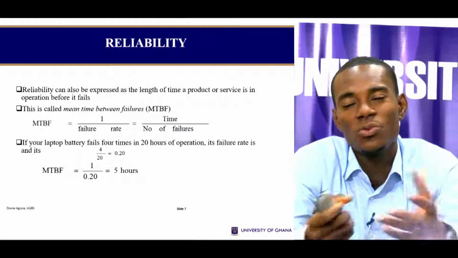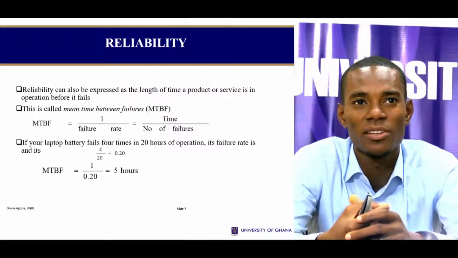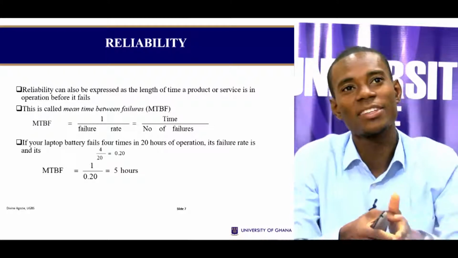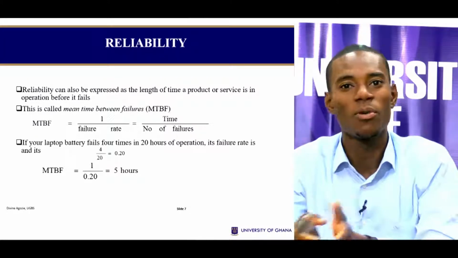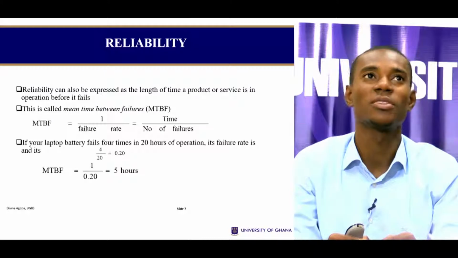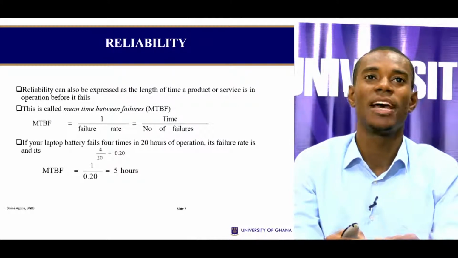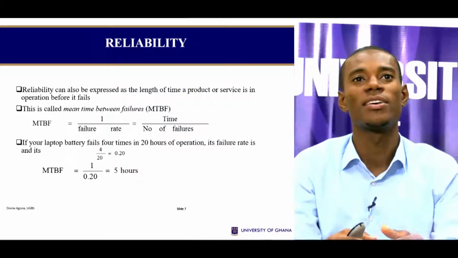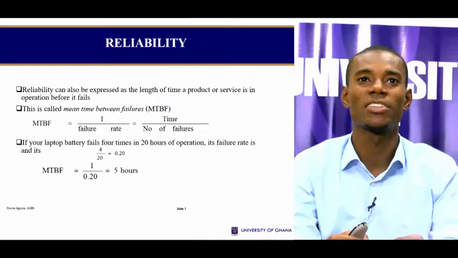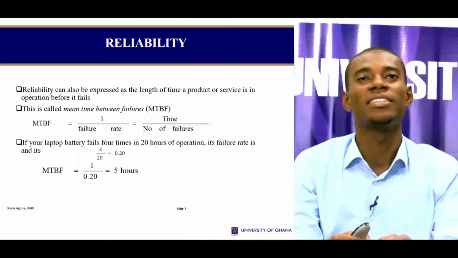Now, how do we understand this mean time between failures? It's like saying the average time between the number of times the product fails. So for instance, I can have a certain watch. I use it for 6 months and it breaks down. I get to repair it. I use it for another 3 months, it breaks down. Then I get to repair it. I use it for another, let's say, 12 months.